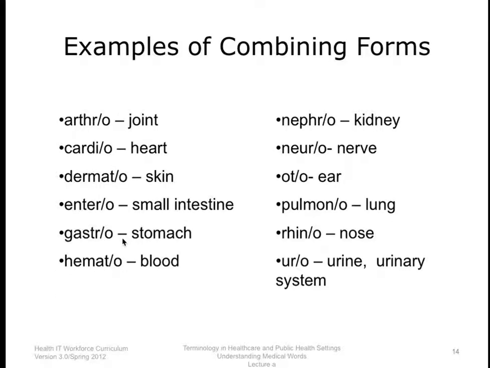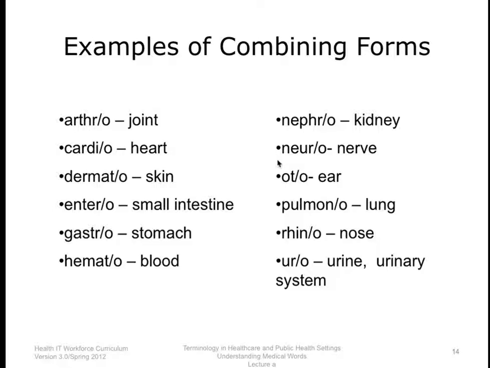So here are some examples of combining forms. Arthr means joint. Cardi means heart. Dermat means skin. Enter means small intestine. Gastr means stomach. Hemat means blood. Nephr means kidney.